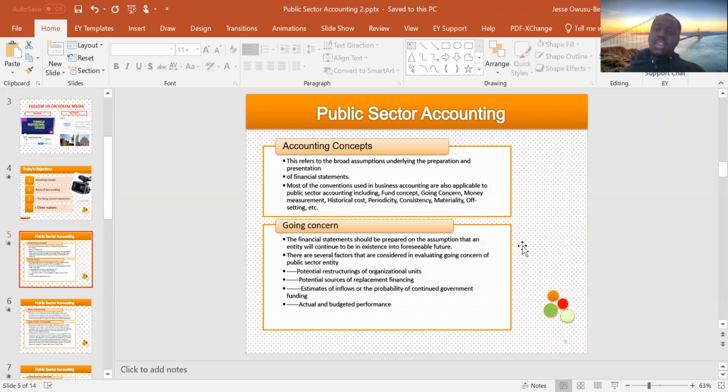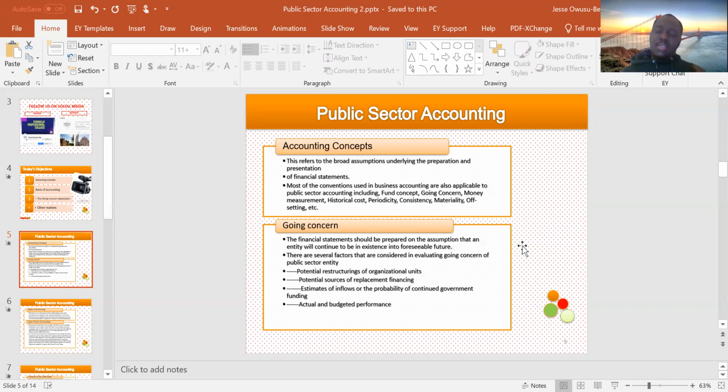So let's talk about one of the key assumptions. When we talk about going concern, what does it exactly mean? Going concern simply means that the financial statement is prepared with the assumption that an entity will continue to be in existence into the foreseeable future.